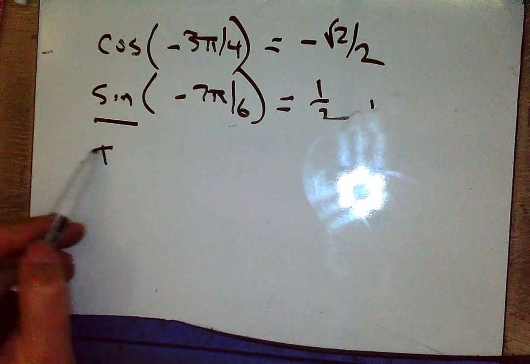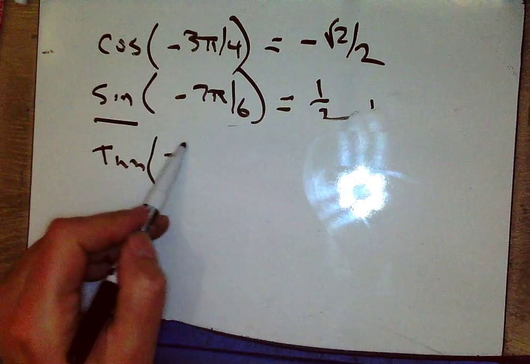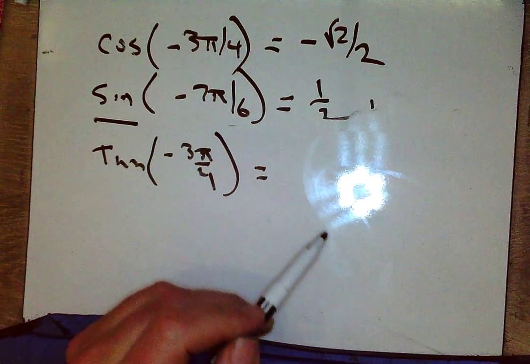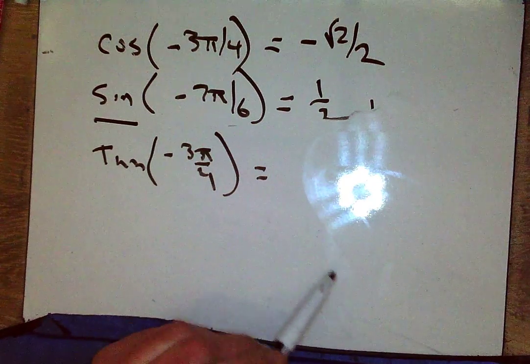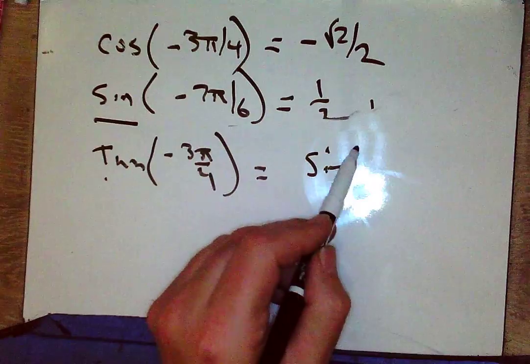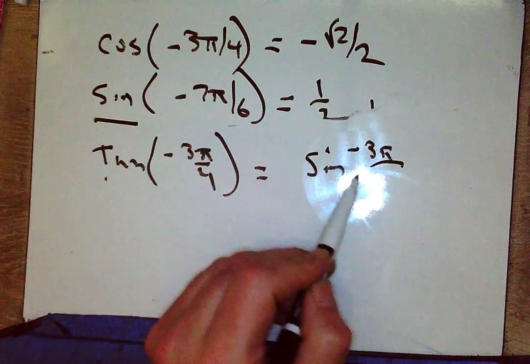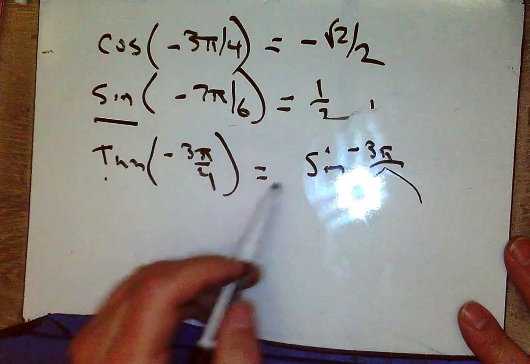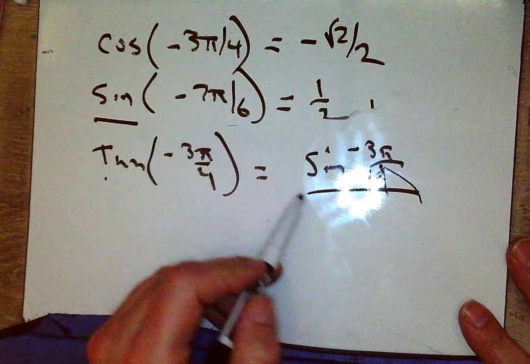How about tangent? So tangent is the same as sine over cosine.